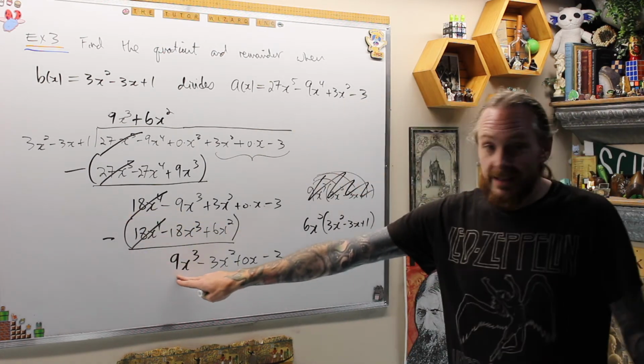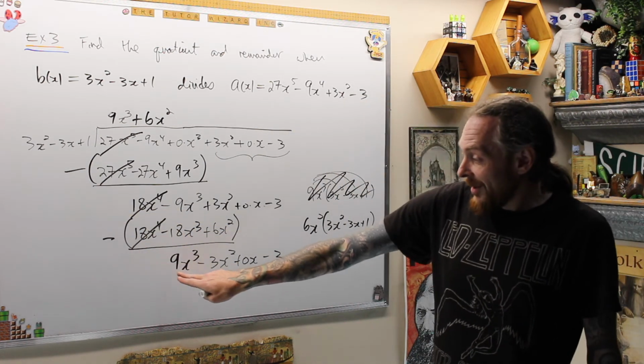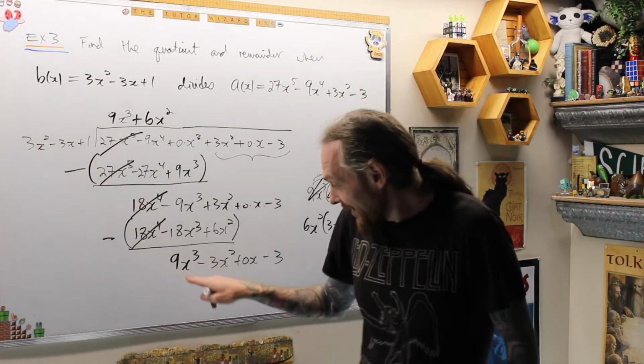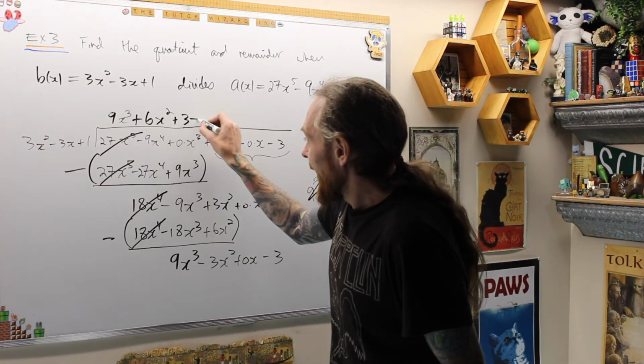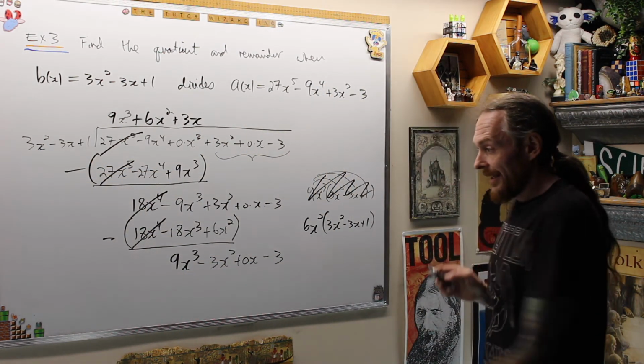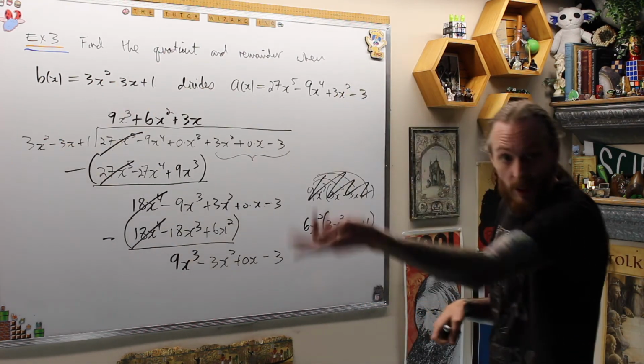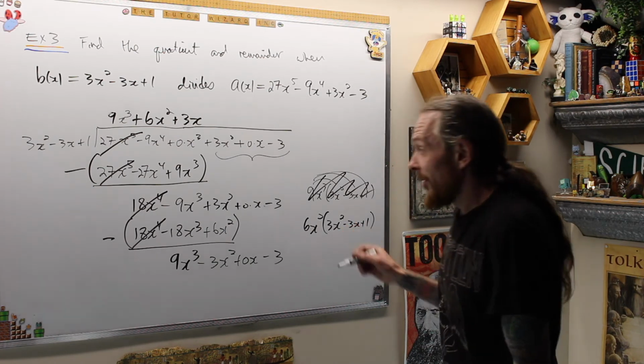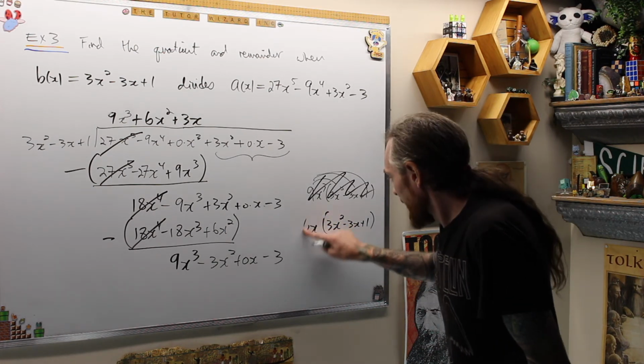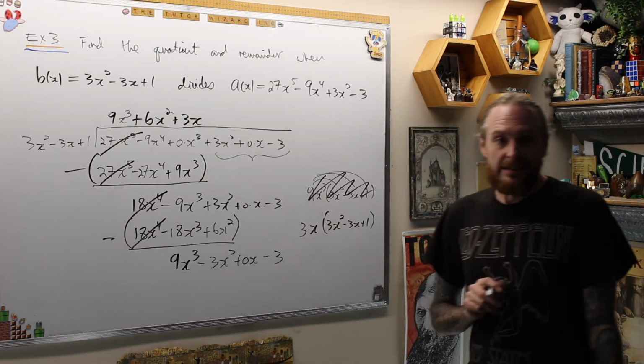Now what do I do? I do the same thing. I regroup. What do I multiply this by to get this? It'll be plus 3x, it looks like. Can I stop? Not yet, because I have degree 3, which is larger than degree 2. Keep going. Now I'm going to multiply by 3x.